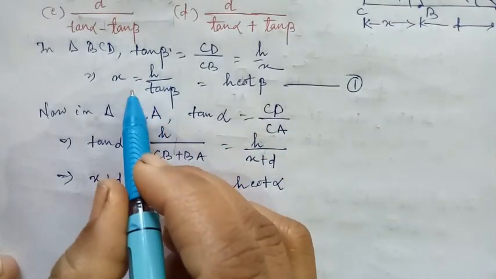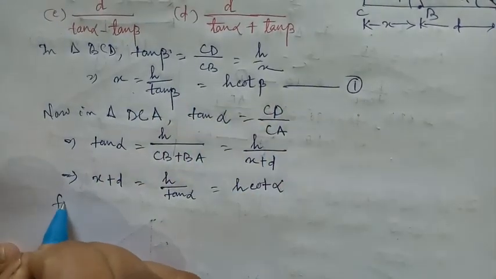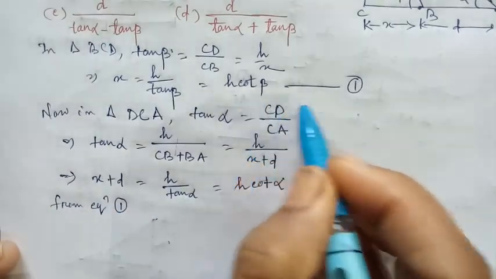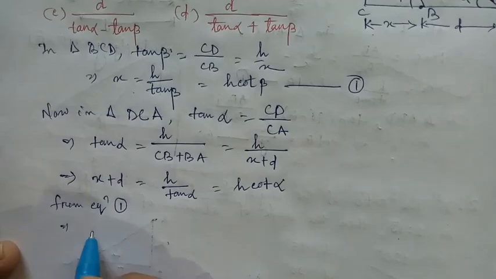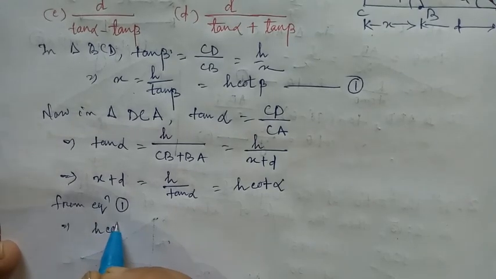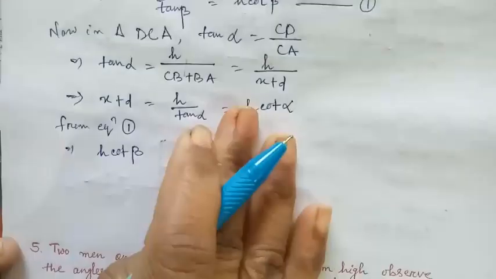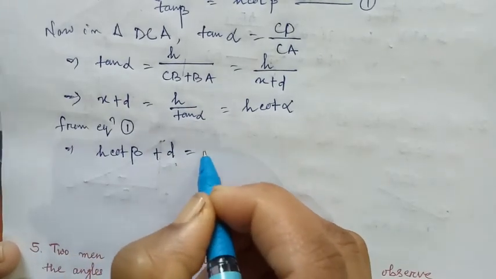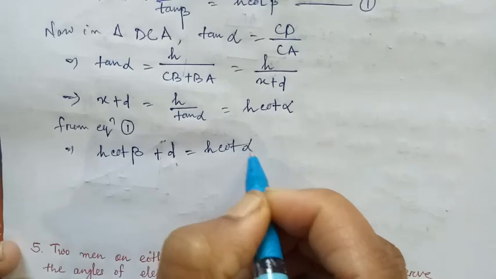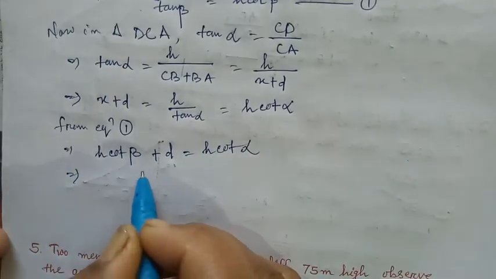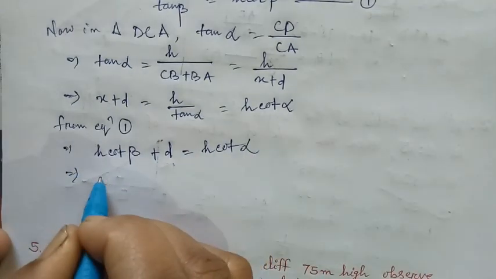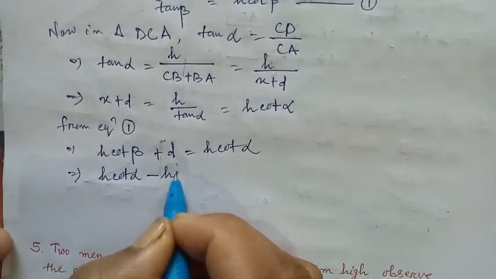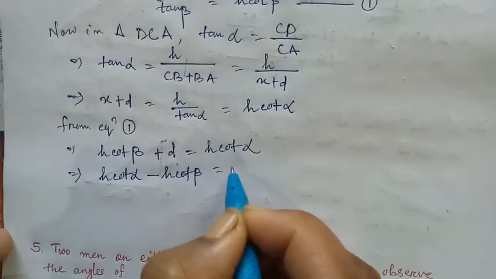Now putting value of x from equation 1, x is how much? H cot beta. So we can write H cot beta plus d is equal to H cot alpha, or implies reverse the side. So H cot alpha minus H cot beta is equal to d.